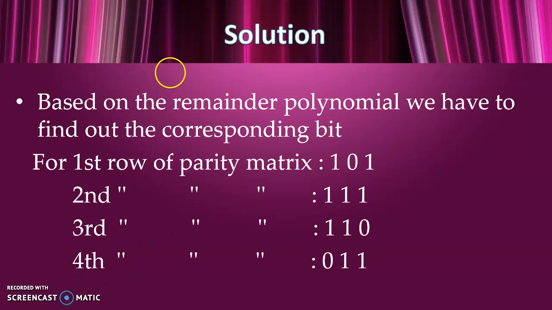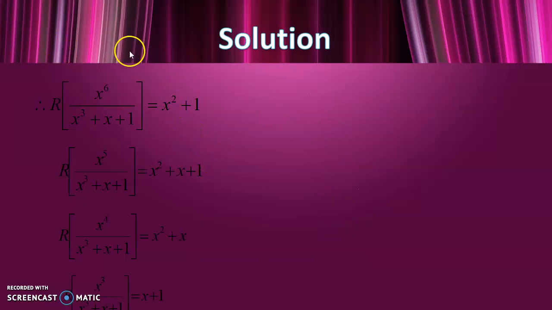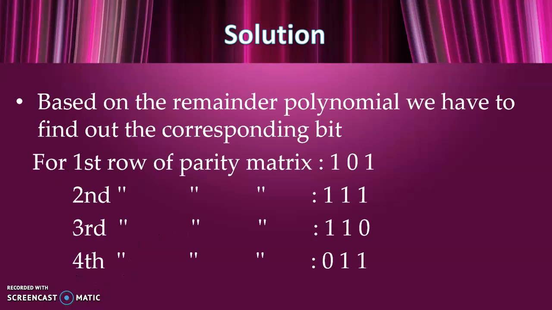So the bits for the parity matrix: first one is x square plus 1. It will be the first row of the remainder polynomial. When it is converted into bits, it will be 101. Similarly, for the second row, the parity matrix will be 111. For the third row, it will be 110. For the fourth row, it is 011.